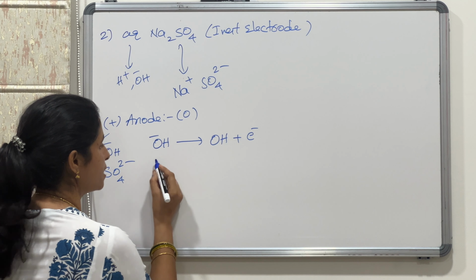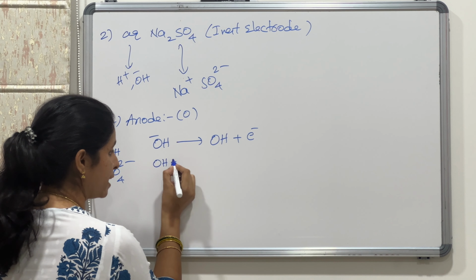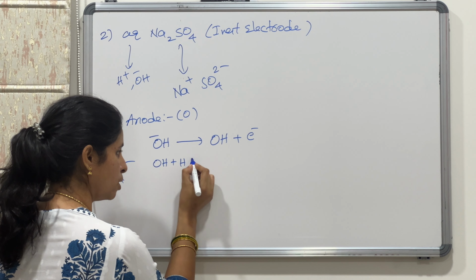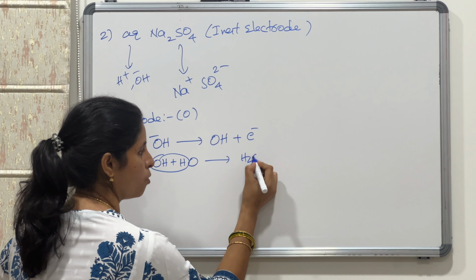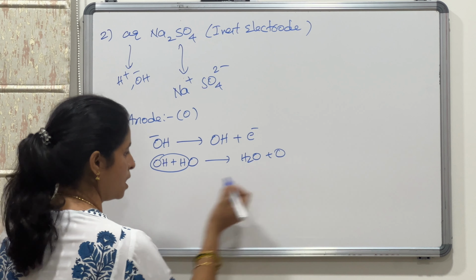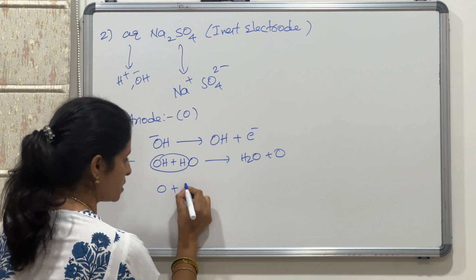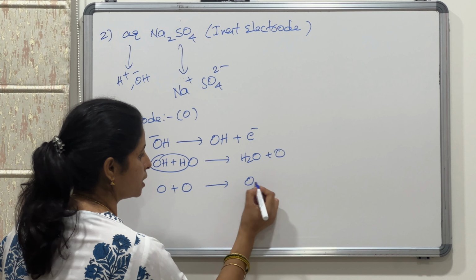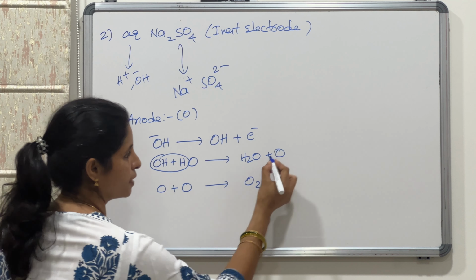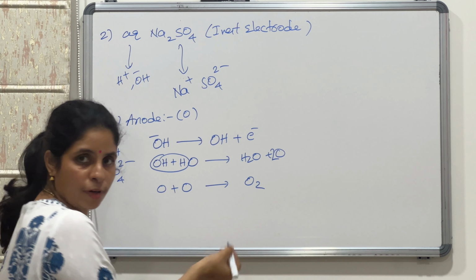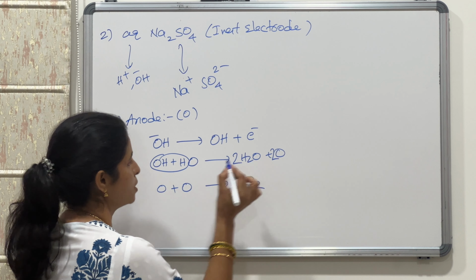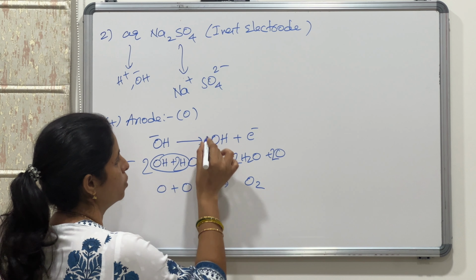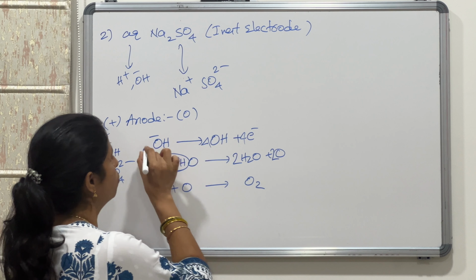So here it is unstable, it will react with another OH. So elimination of water plus oxygen. So here O is unstable, reacts with another; 2 oxygens here we have taken. So from backside balancing, 2 oxygens means 2H2O, 2, 2, 4, 4, 4.